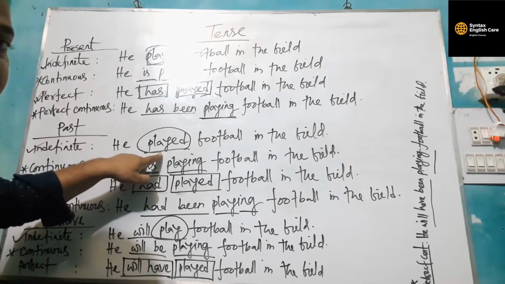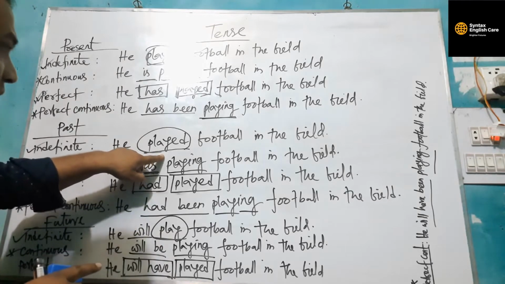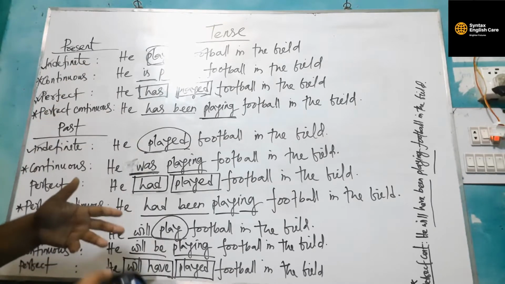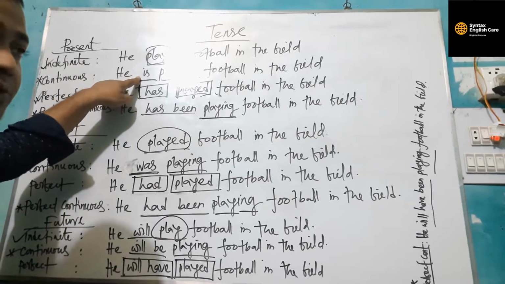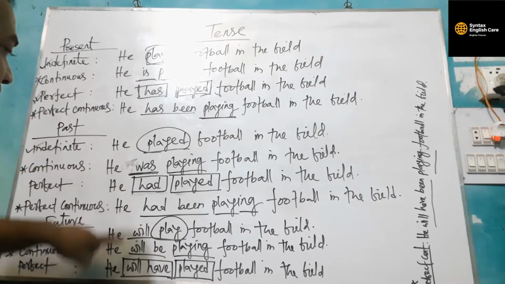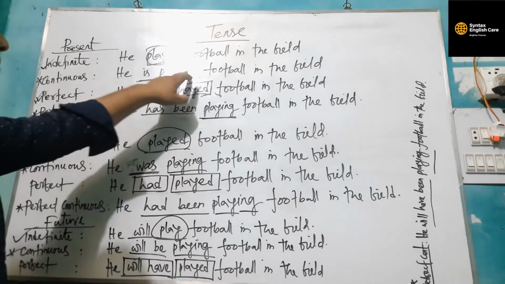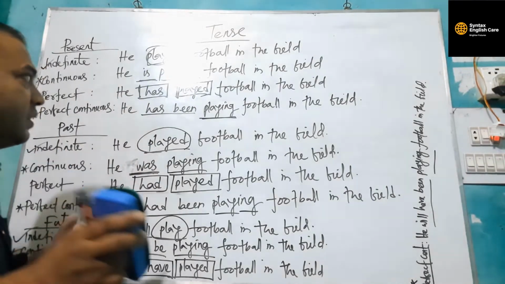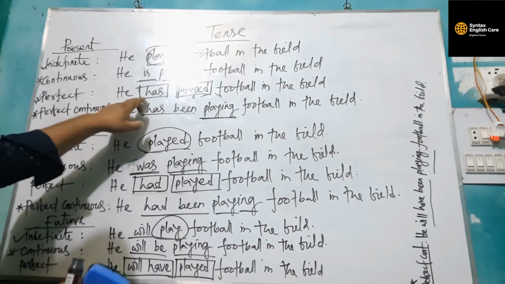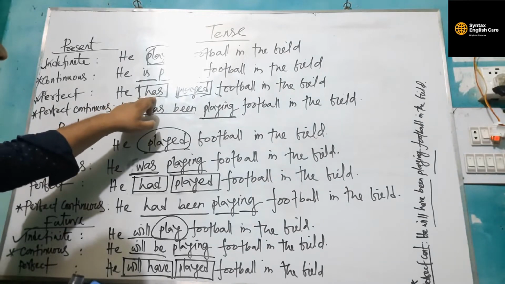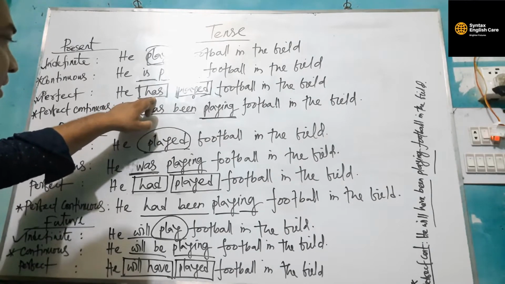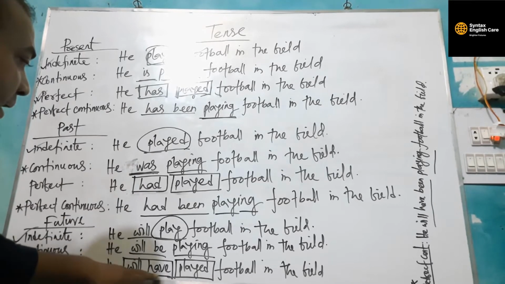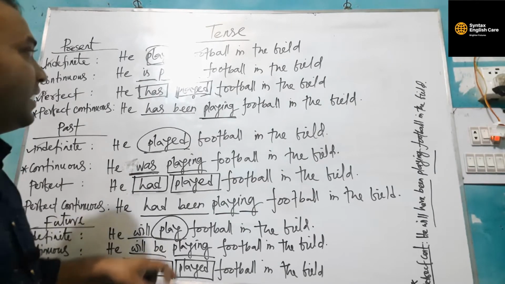This is the past indefinite, so the past form of the verb is used, and in case of future, the present form of the verb is used, and in case of continuous, here auxiliary verb is used: is, here was, here will be. Okay, and ing is added with the principal verb. Be careful, just try to remember. And in case of perfect, here have or has is used as auxiliary, here had is used as an auxiliary, and here will have is used as an auxiliary.